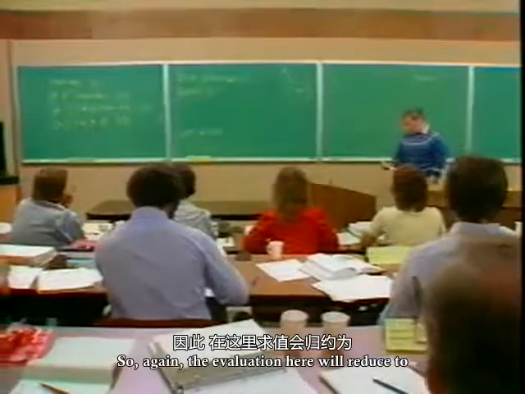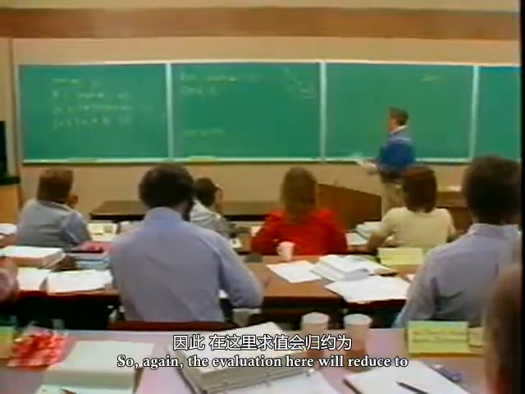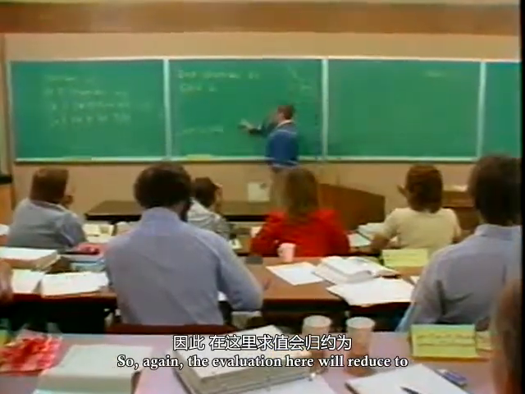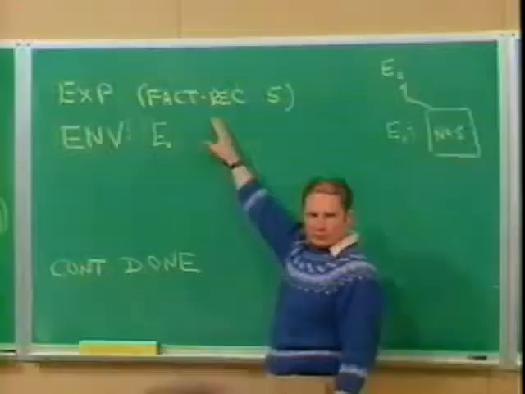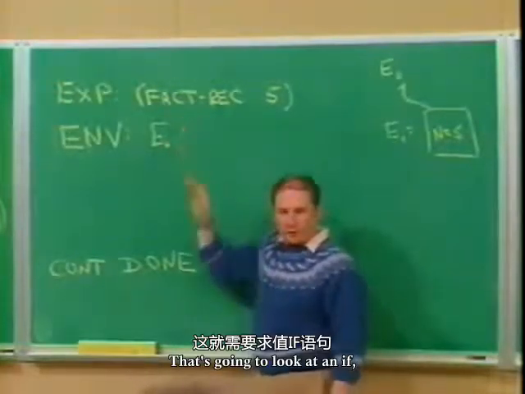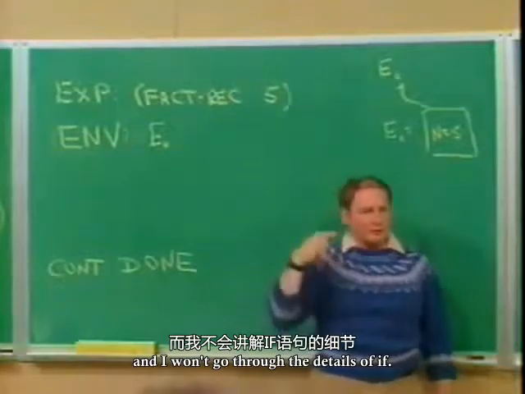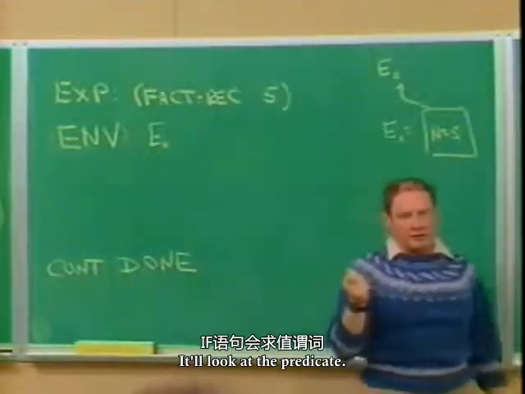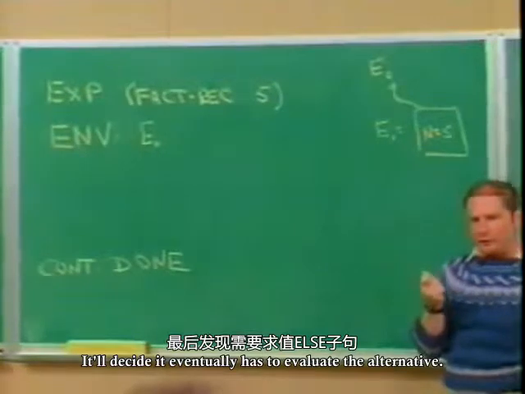So the evaluation here will reduce to evaluating the body in E1. That's going to look at an if, and I won't go through the details of if. It'll look at the predicate. It'll decide it eventually has to evaluate the alternative.